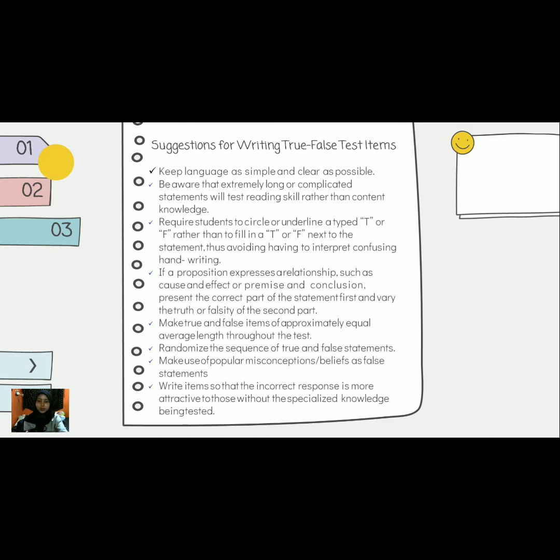Randomize the sequence of true and false statements. Make use of popular misconceptions or beliefs as false statements. Write items so that the incorrect response is more attractive to those without the specialized knowledge being tested.